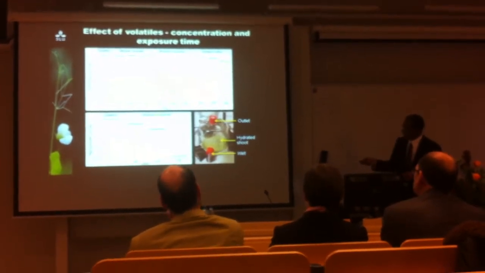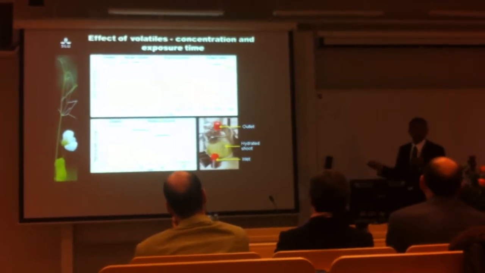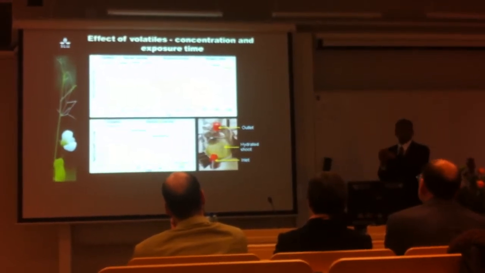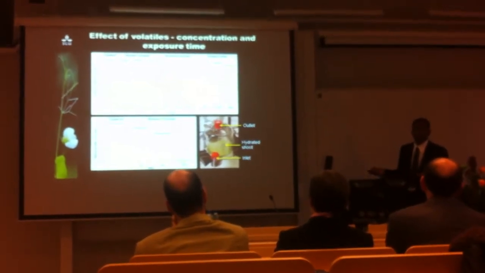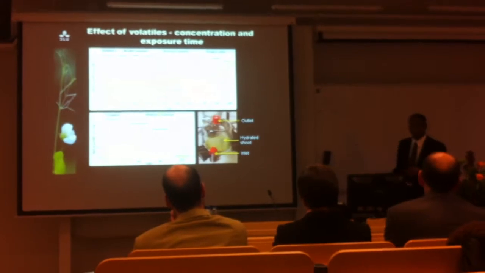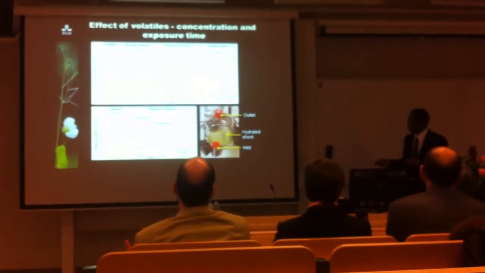And then I found this 120 minutes is enough. There's no need to keep 3 days to completely prevent the pathogen, and no further growth after 2 hours of exposure at 24 degrees centigrade.